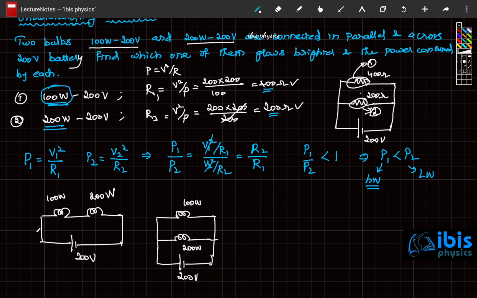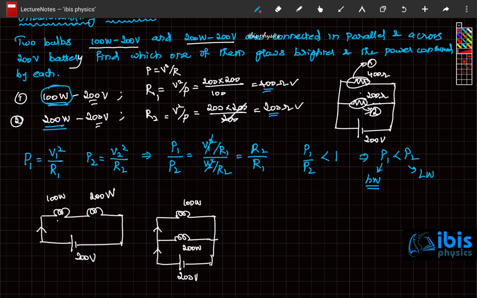First you have to check the conditions, whether the current will blow the fuse, etc. But we have checked that it is 200, so the voltage drop across each of the bulbs will be less than their design voltage 200. Now this is 200, this also 200 design voltage, this also 200, so the bulbs will not blow, the fuse will not be blown.